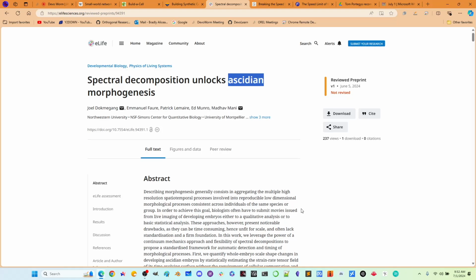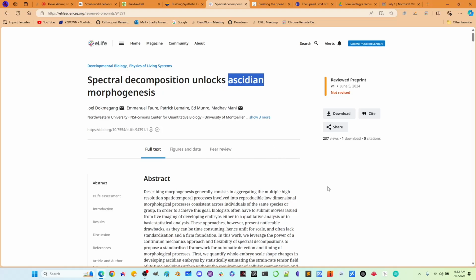Eventually, though, the Ascidian embryo is going to differentiate into this long tubular tadpole that actually doesn't look anything like its early morphogenesis. But the part of morphogenesis that's most interesting, at least from the standpoint of this spectral decomposition technique, is this very early stage.